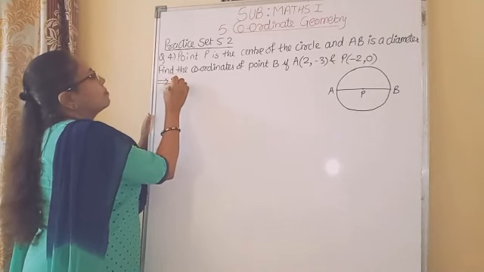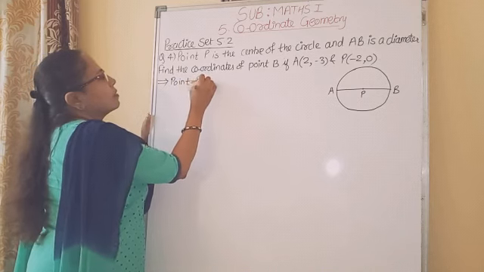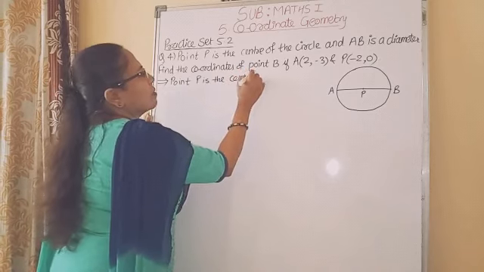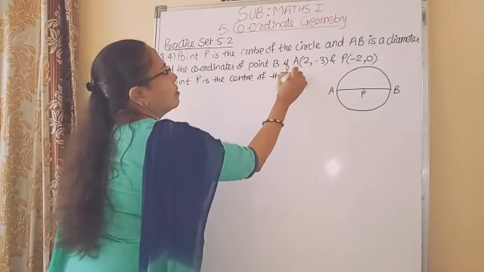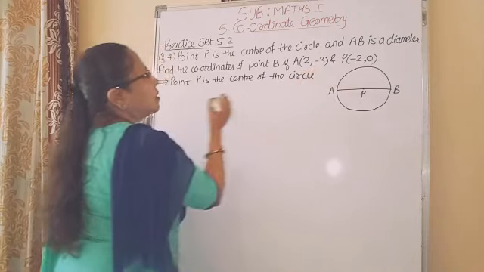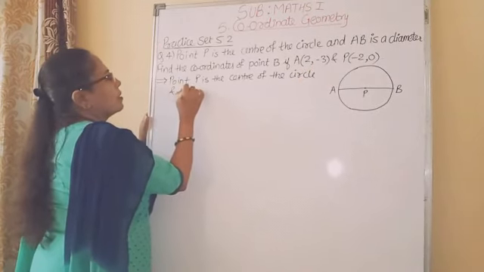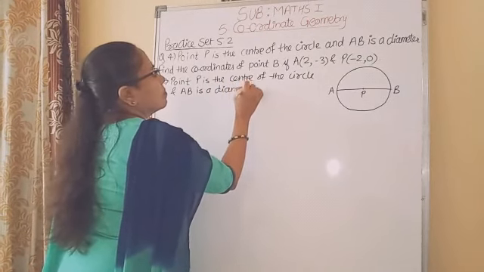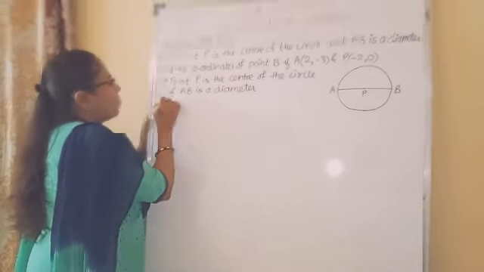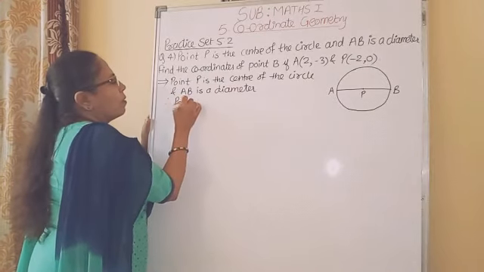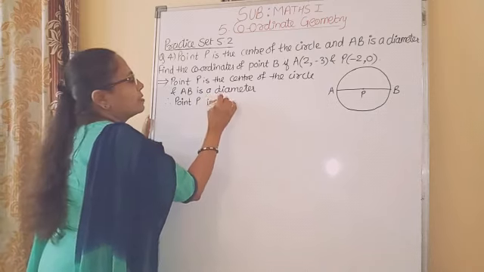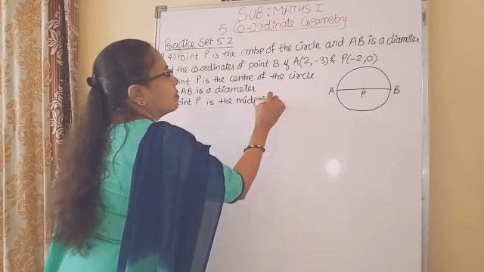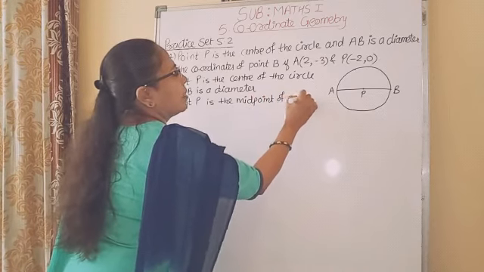Point P is the center of the circle and AB is a diameter. Therefore, point P is the midpoint of segment AB.